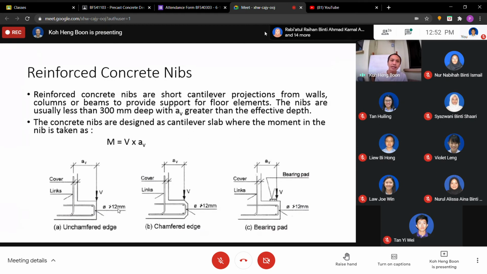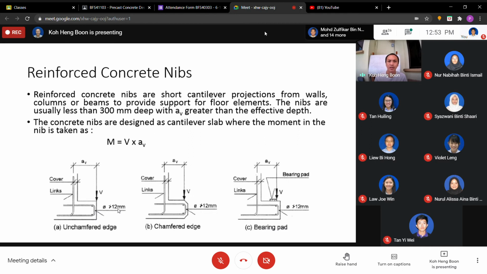So in this case, the behavior is not like a corbel. What we need to do is design it as a short cantilever, a short cantilever slab or short cantilever beam. That is very straightforward.